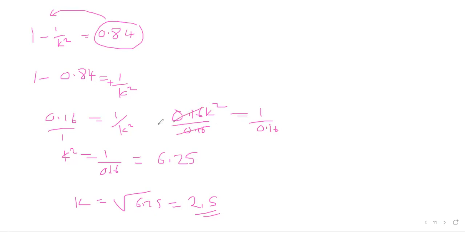That's why I said mathematically, since I'm a mathematician, you swap: this comes here and this goes that side, which is the same thing. So you divide, and you get 6.25. The only way to get rid of this square is by square rooting both sides. The square root cancels the 2, and the figure is 2.5.